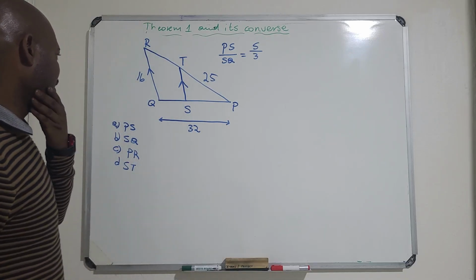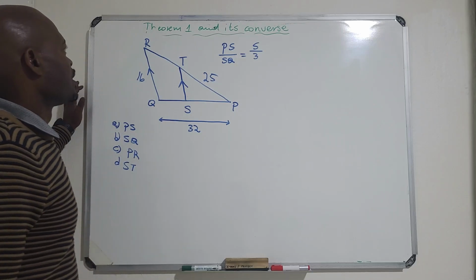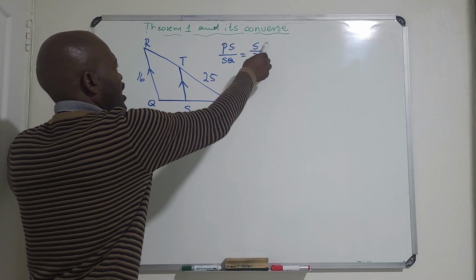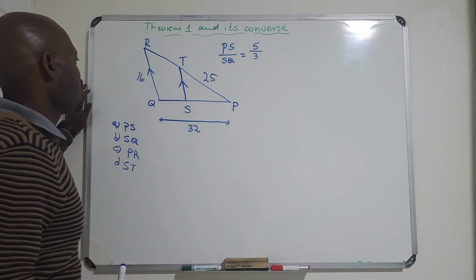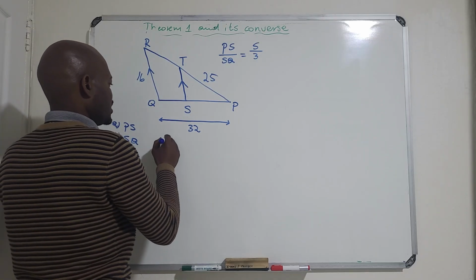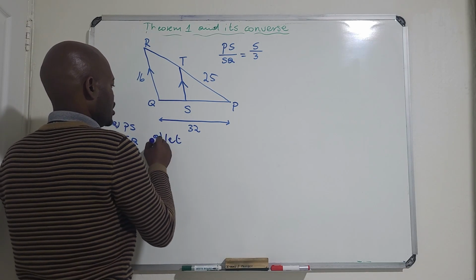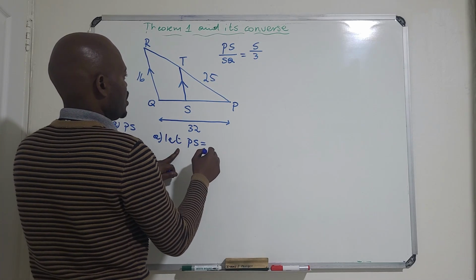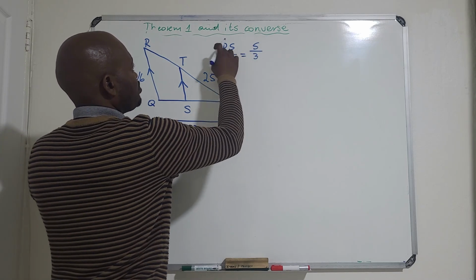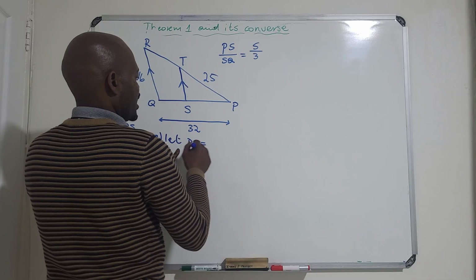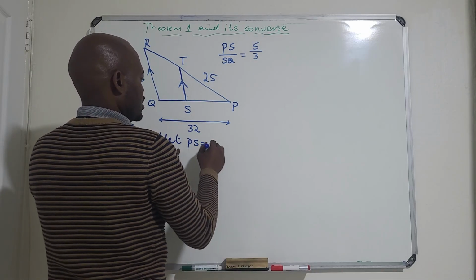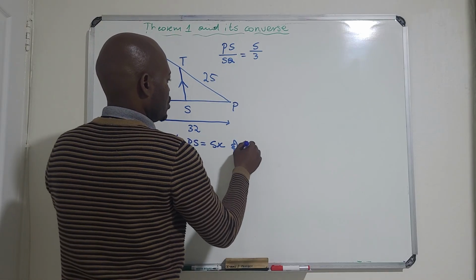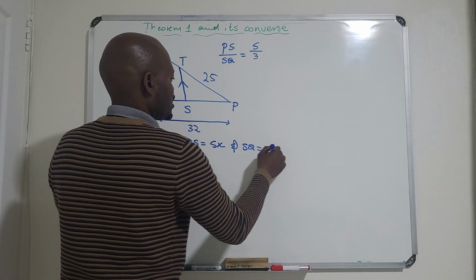For us to find that length, since we are given PS over SQ is 5 over 3, we can let PS be 5x and SQ equal to 3x.